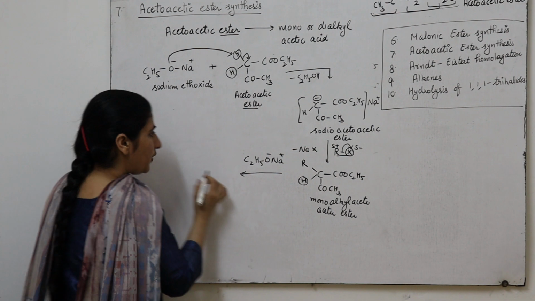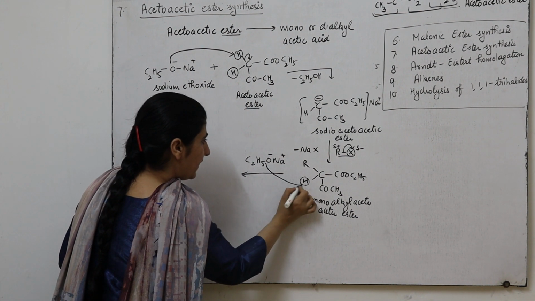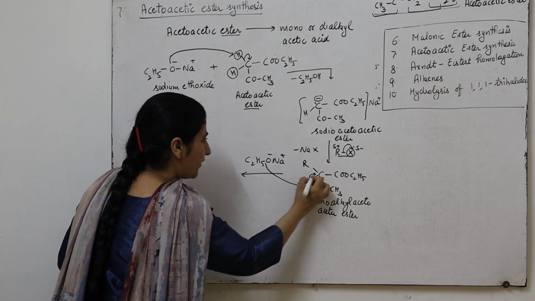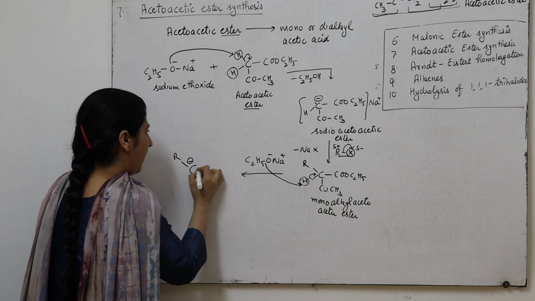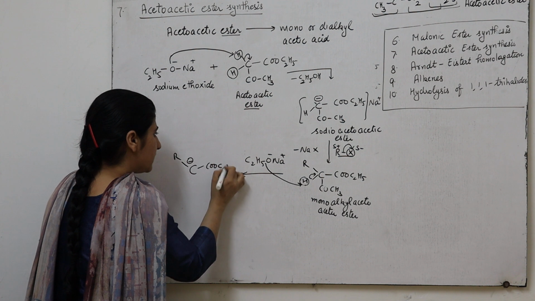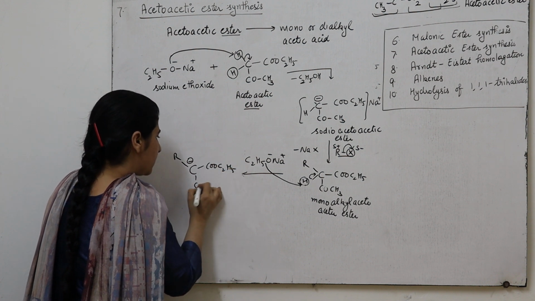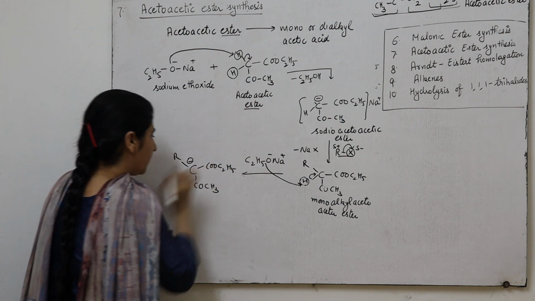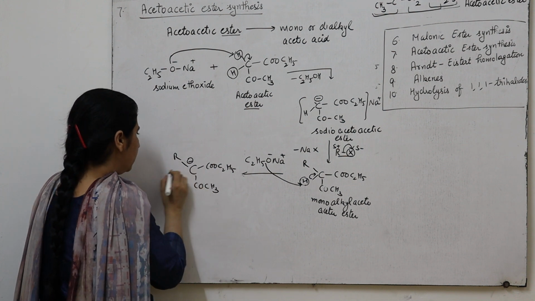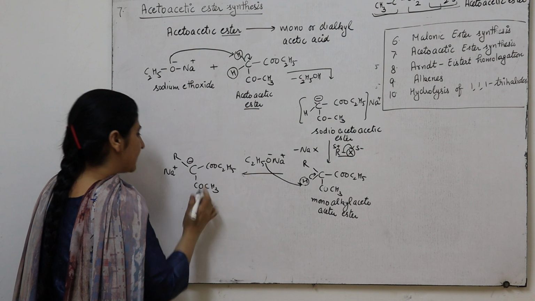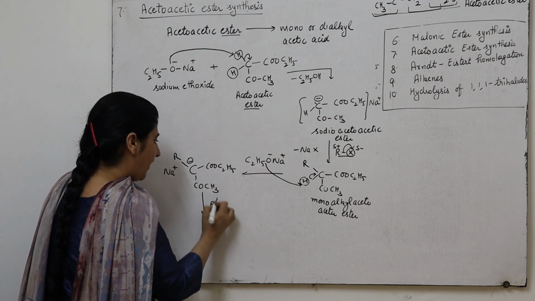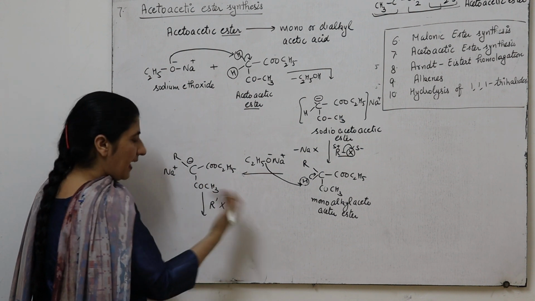Again in this case, there is elimination and a migration of negative charge. So this carbon acquires negative charge: R, COO, C2H5, CO, CH3 along with the sodium. This is the sodium salt of monoalkyl acetic acid. It further reacts with R dash, the second alkyl halide.